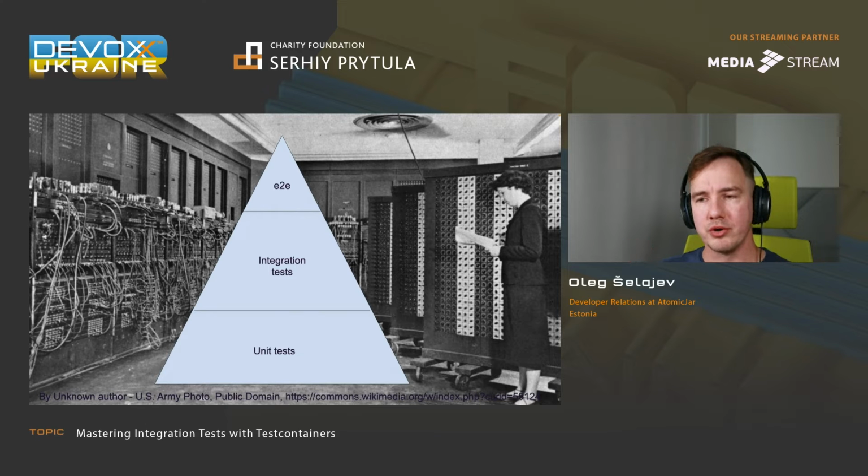But the main point is that there will be many of those, and they will cover all possible scenarios of the individual components. And then on top of those, you'll have integration tests. They will be slower, bulkier, harder to maintain, maybe a little bit flaky, because they will test different components together. Maybe your application and a database.